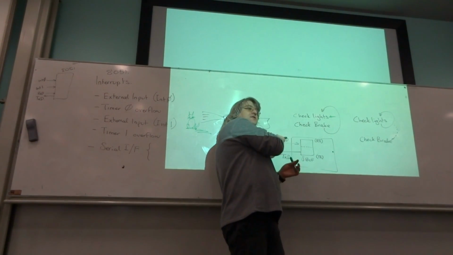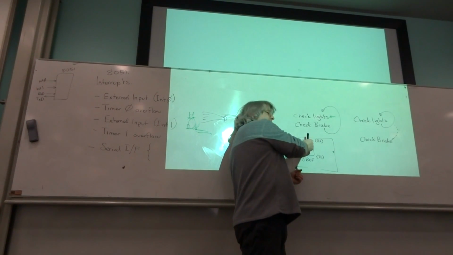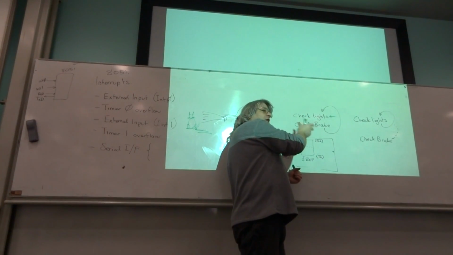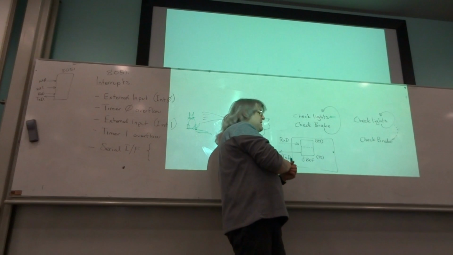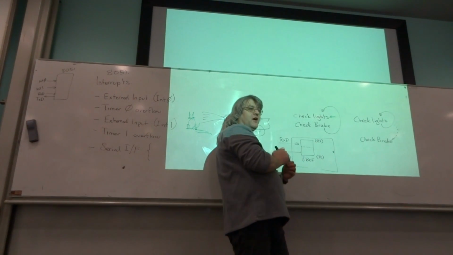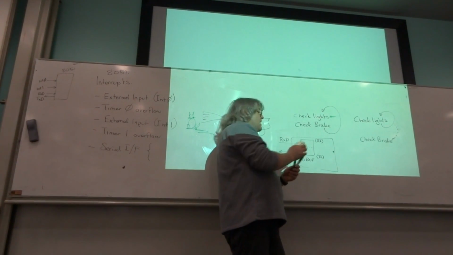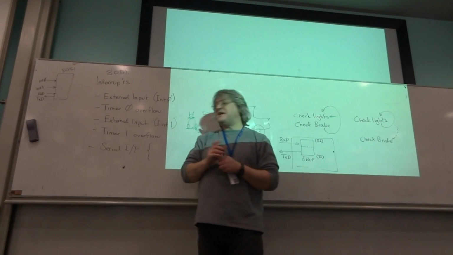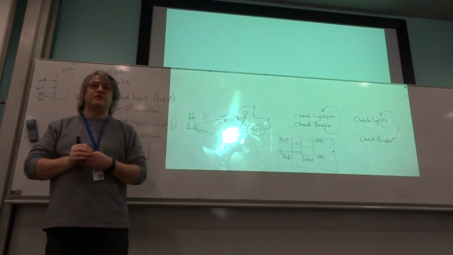If anyone talks to you, it will automatically be stored in this buffer, and when the whole frame of information has arrived, all 8 bits or whatever, this flag will go high. Both of these flags are tied together to generate the same interrupt, a serial interface interrupt.